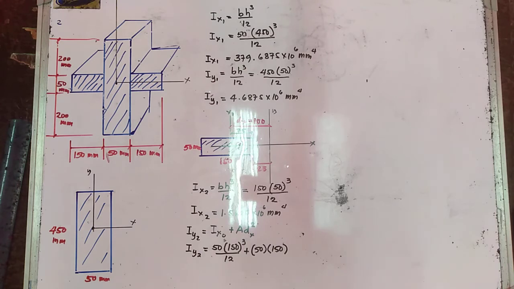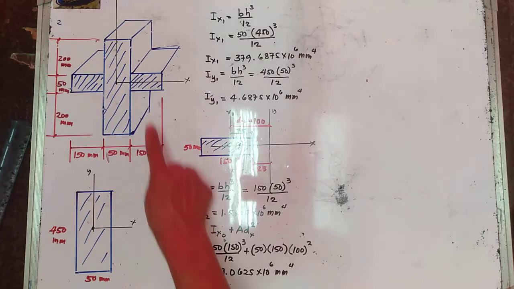So multiply this by d squared, which is 100 squared. So we have your Iy2 equal to 89.0625 times 10 to the 6 millimeter raised to the 4th.